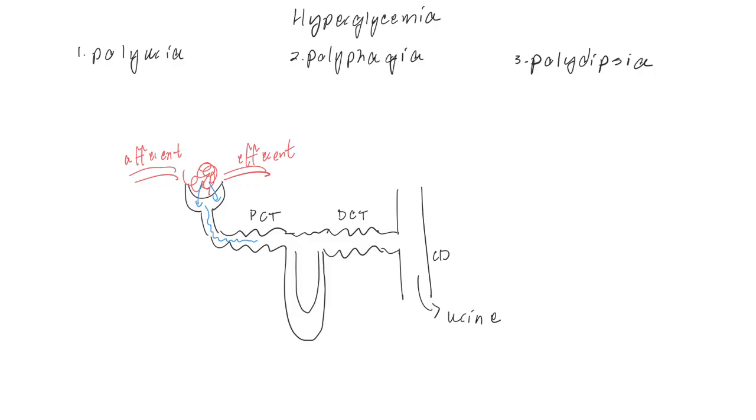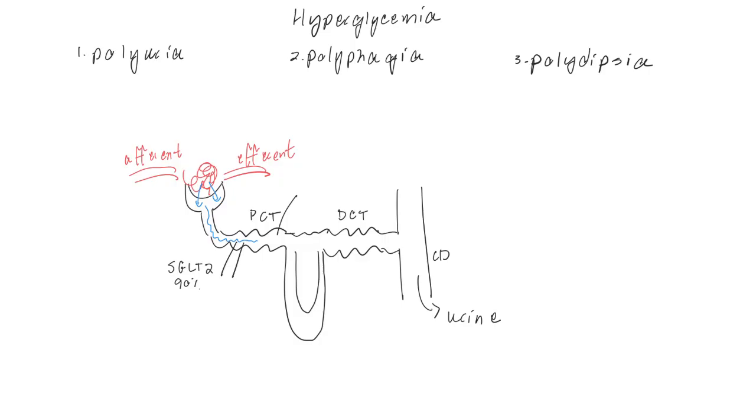In the proximal convoluted tubule, your body decides it's going to pull back glucose. So there's transporters here in the proximal convoluted tubule, and they are called SGLT2 transporters. They reabsorb about 90% of filtered glucose.